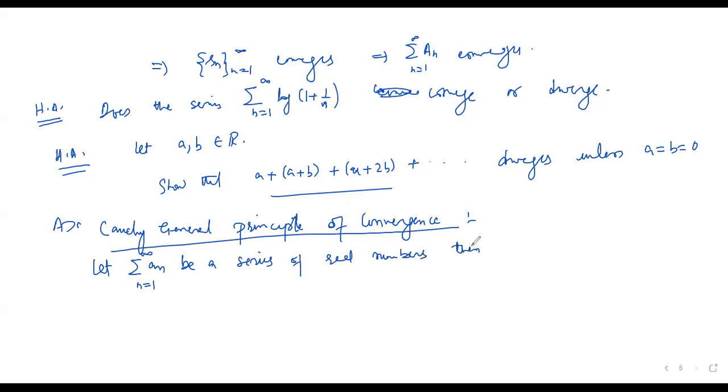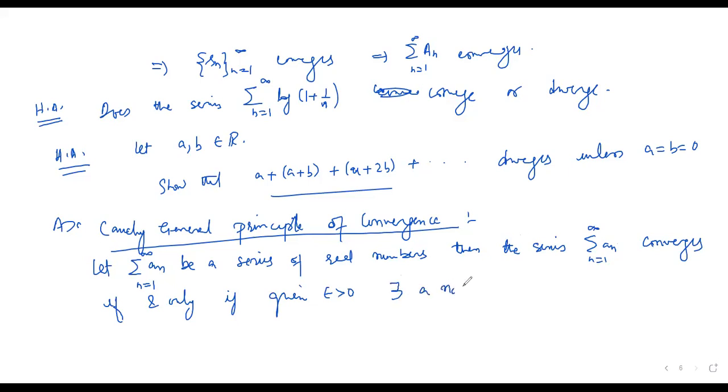Then the series converges if and only if, given any epsilon positive, there exists a natural number n naught, such that mod of summation k runs from m plus 1 to n, ak, is less than epsilon for all m, n greater than or equal to n naught.